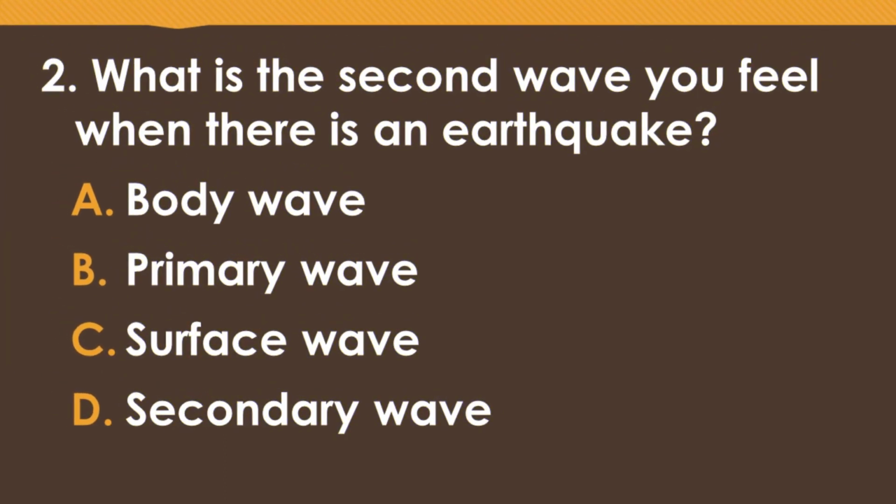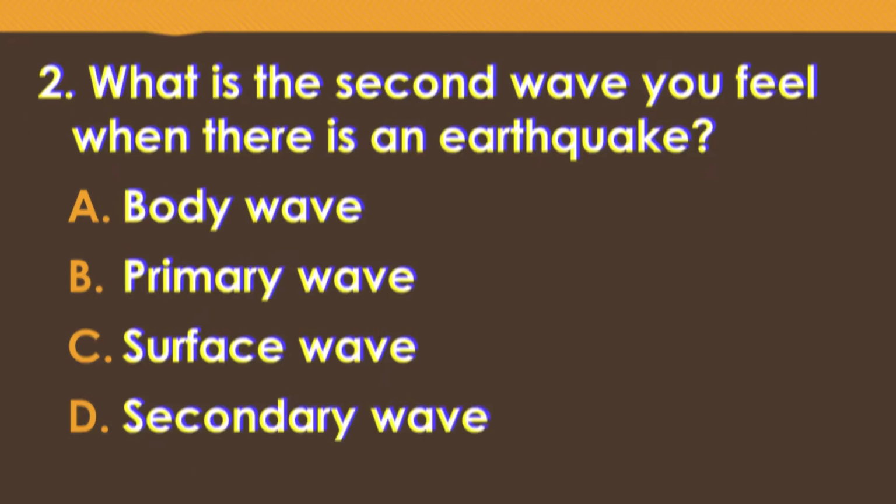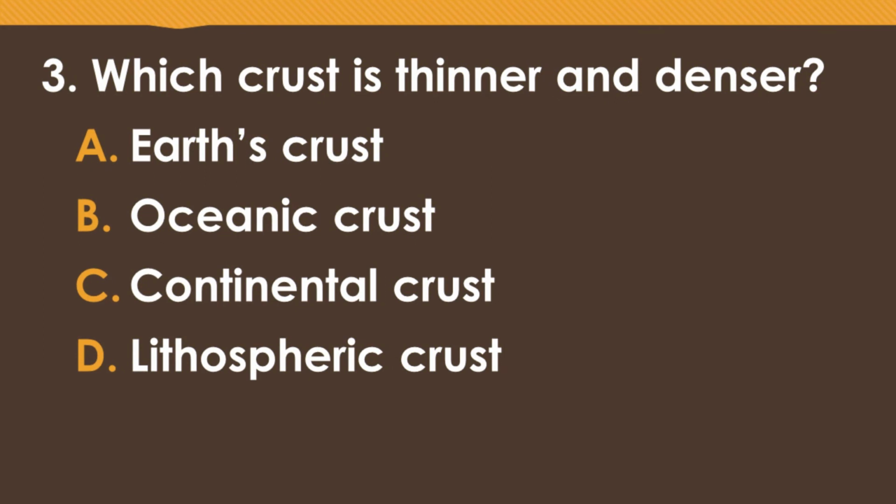2. What is the second wave you feel when there is an earthquake? A. Body wave, B. Primary wave, C. Surface wave, D. Secondary wave. 3. Which crust is thinner and denser?